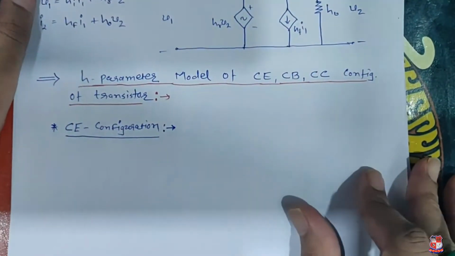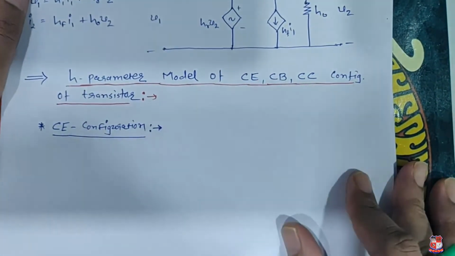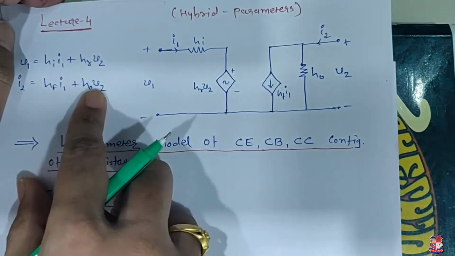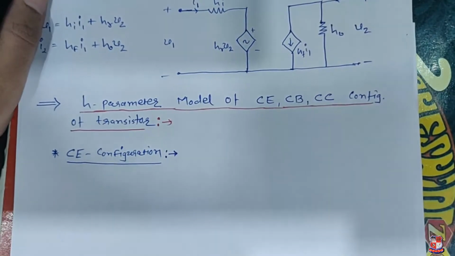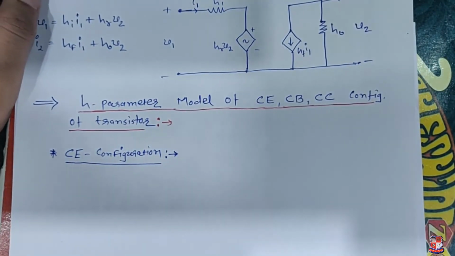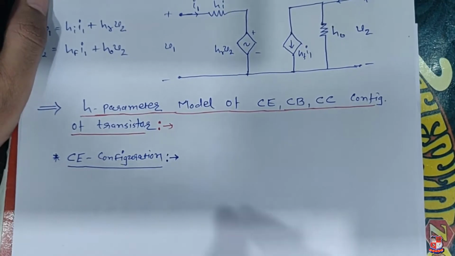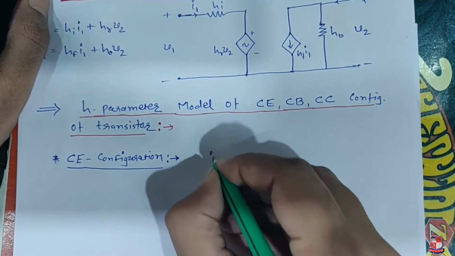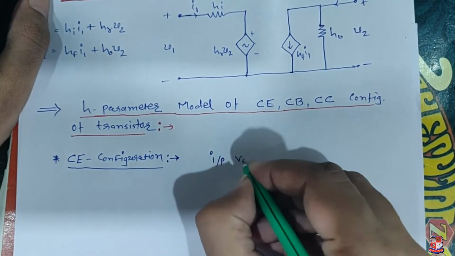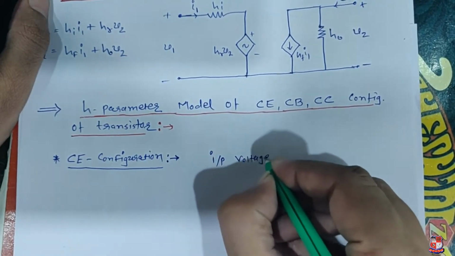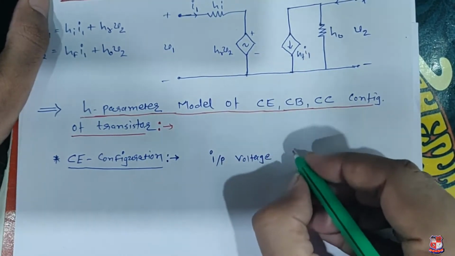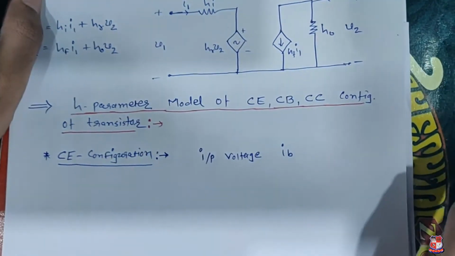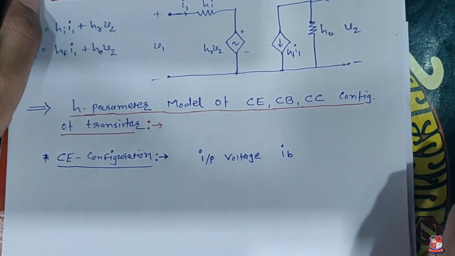First we will discuss CE configuration. In CE configuration we will derive it from the above circuit. All 4 parameters will be written with a new name. As we know, in common emitter configuration the input current is IB.